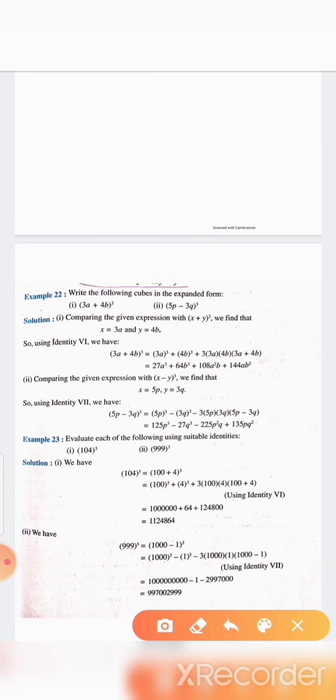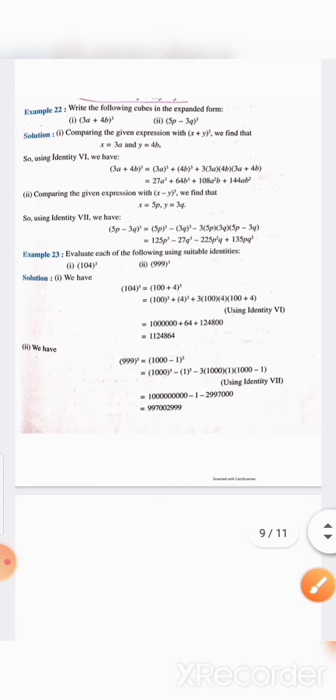Substituting all the values in the RHS of the identity, we get (5p) whole cube minus (3q) whole cube minus 3 into 5p into 3q in the bracket (5p minus 3q). Multiplying, we get the expansion of the polynomial: 125p cube minus 27q cube minus 225p square q plus 135pq square.